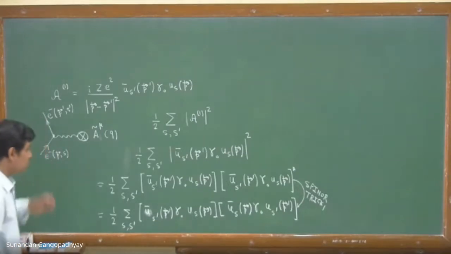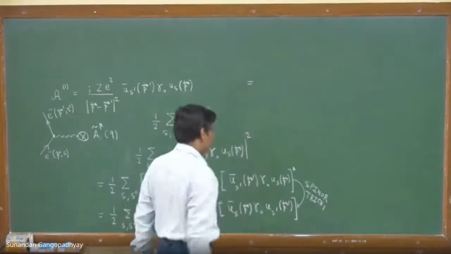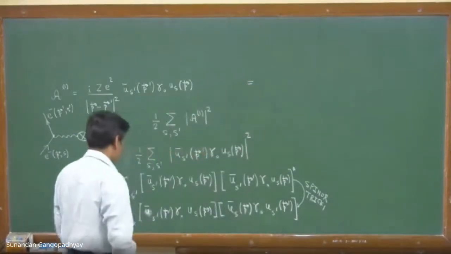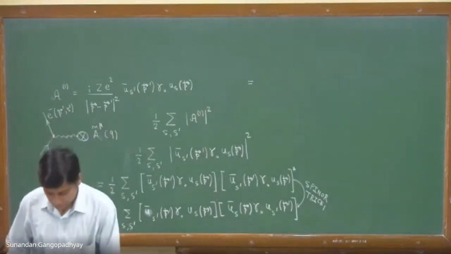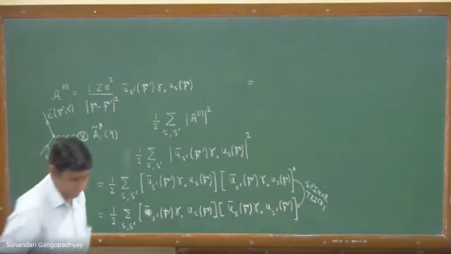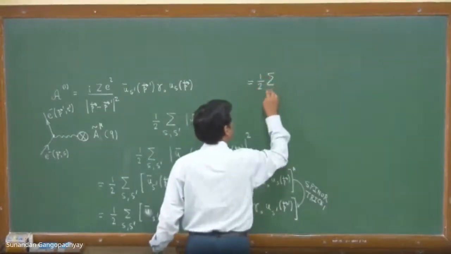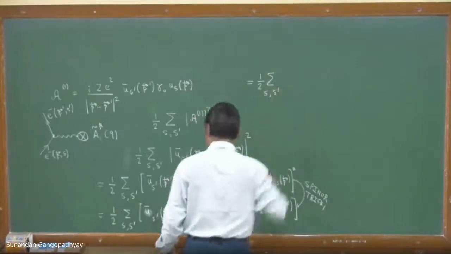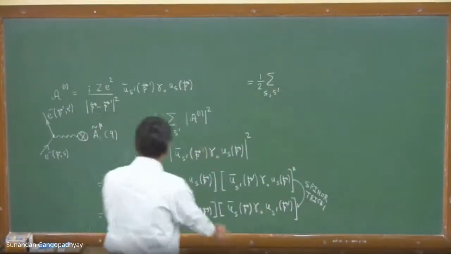Now you can use the second spinor trick, which is the spin sum trick. Before applying the spin sum trick, I shall do one more step just to write things in a nice matrix form.